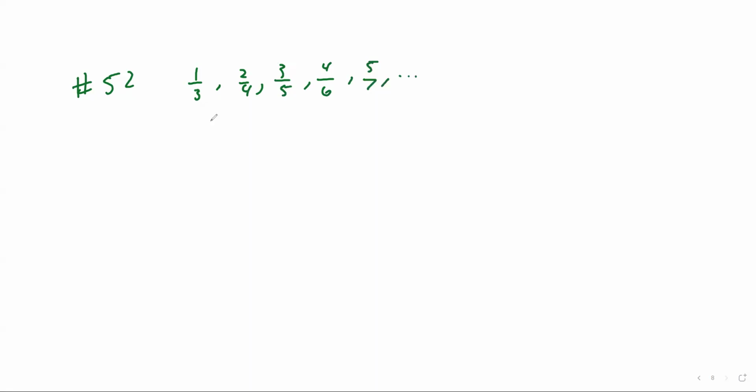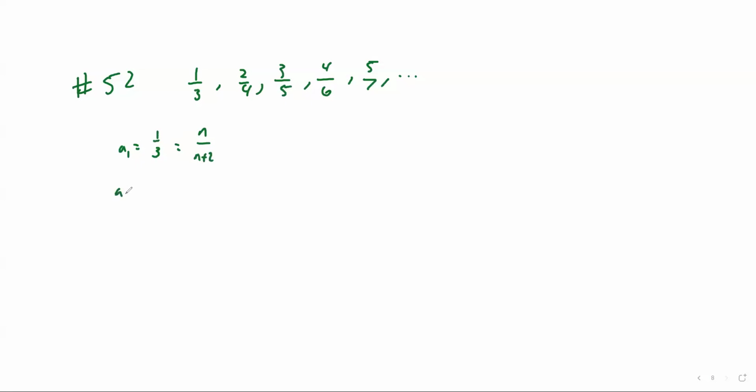So hopefully you see I'm not adding the same value each time, but there is a pattern going on with the numbers themselves. Let's say A1 is equal to 1/3. The correlation is this could just be my n, and then this could be n plus 2. That would give me that result.